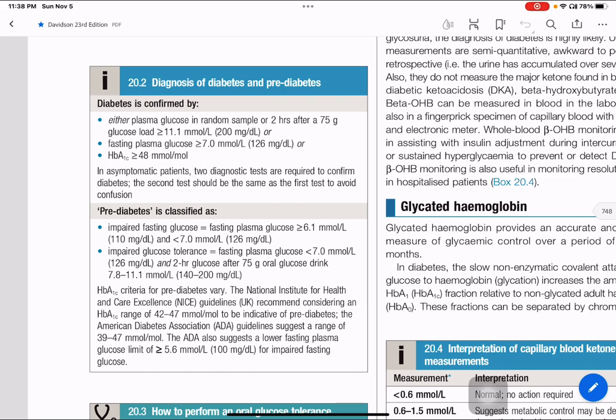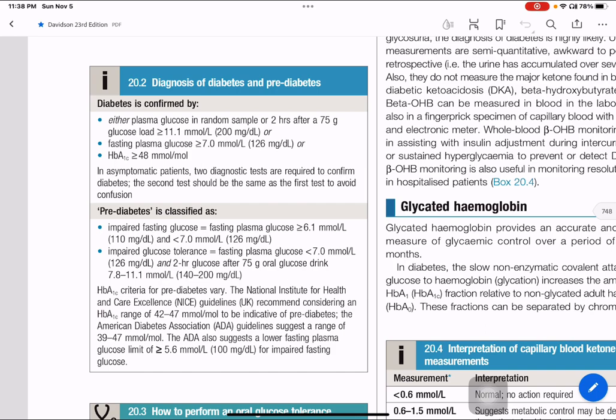And if the 2 hours after breakfast or glucose load is more than 7.8 but less than 11.1 millimole per liter, with a normal fasting blood glucose, then we can call it impaired glucose tolerance, IGT.